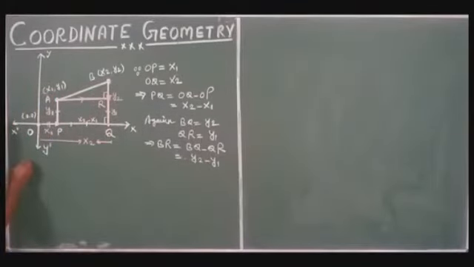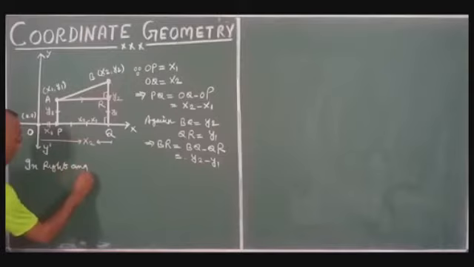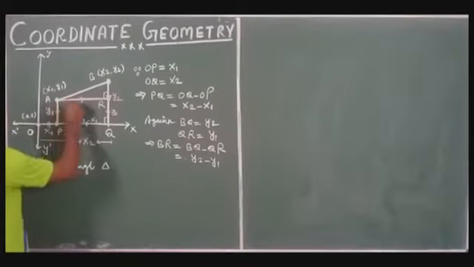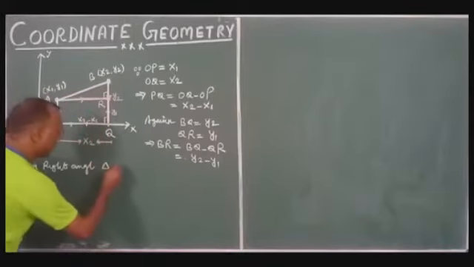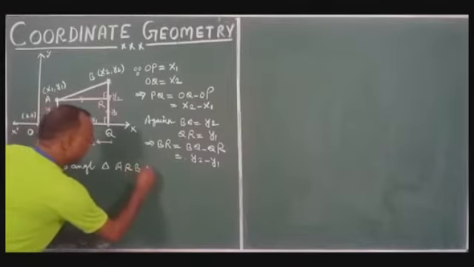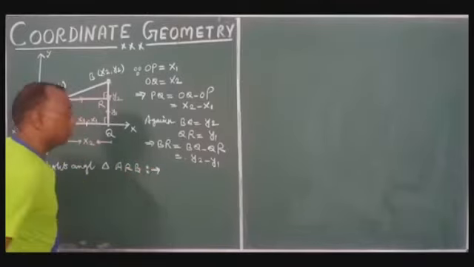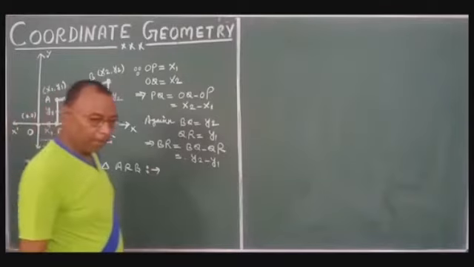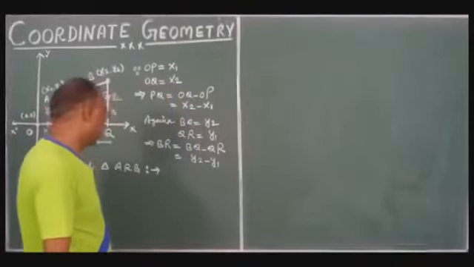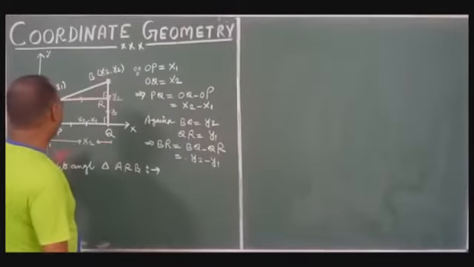Now in the right angle triangle, which is the right angle triangle here? ARB. We will use the Pythagoras theorem. So what does the Pythagoras theorem state?